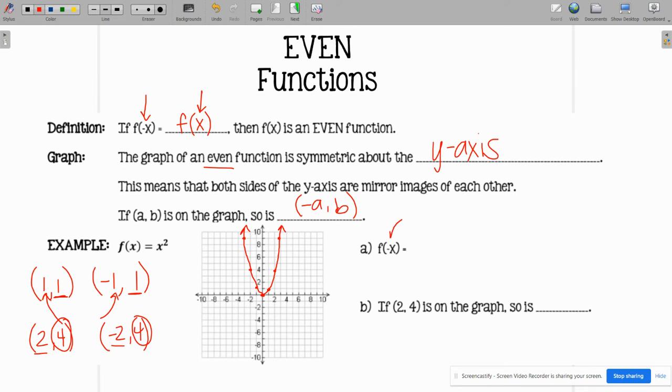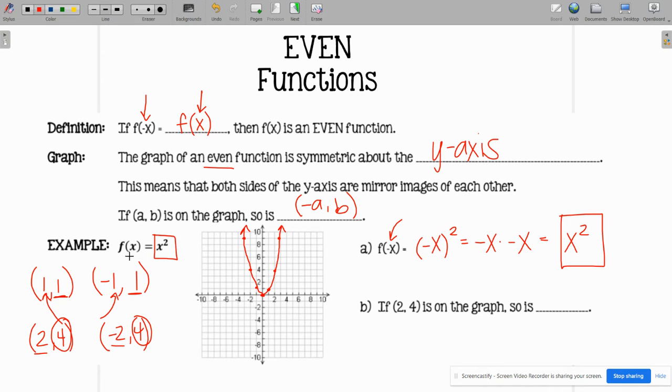My input value is negative x, which means I'm taking negative x and squaring it. Squaring negative x means negative x times negative x. A negative times a negative is positive, and x times x is x squared. So when I plug in f of negative x, I get out x squared, which is the same thing that you get when you plug in f of x, right? That is the same function.